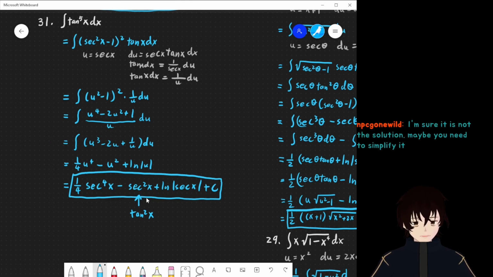Maybe I simply need to simplify, but how did that secant squared x turn into tangent squared x? I don't think there's anything wrong with my logic over here.